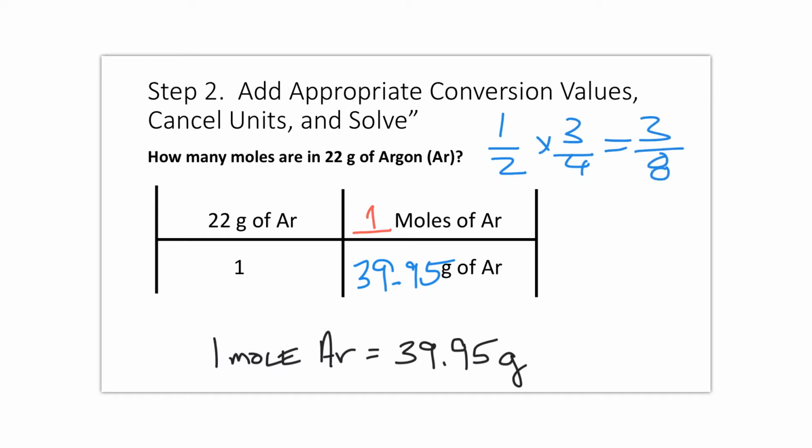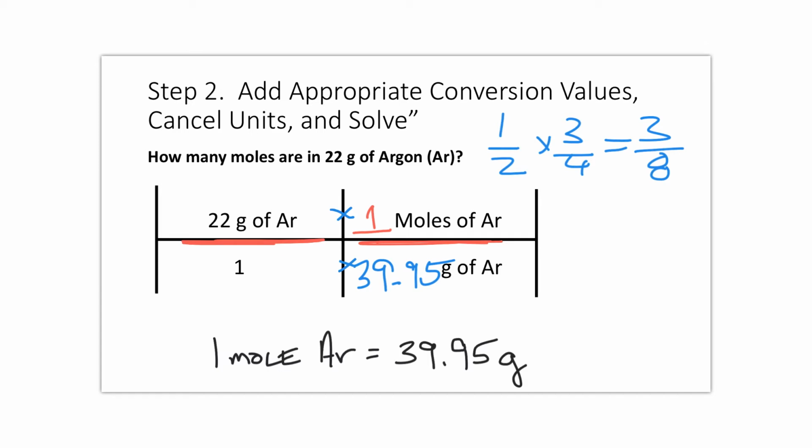You're just multiplying a bunch of fractions together. So these lines here just separate the fractions, and every time you see a cross line like that, that means I'm going to multiply those two boxes together. And then this line right here is just the fraction line. So it's basically like you're multiplying two fractions together, and that's all you're doing.